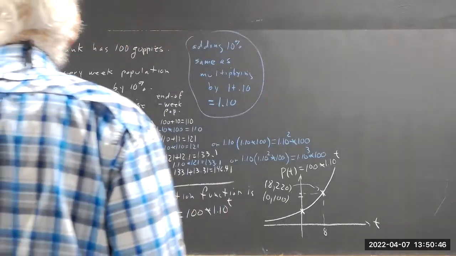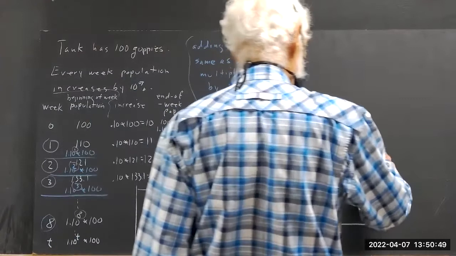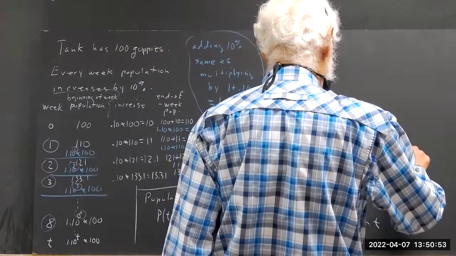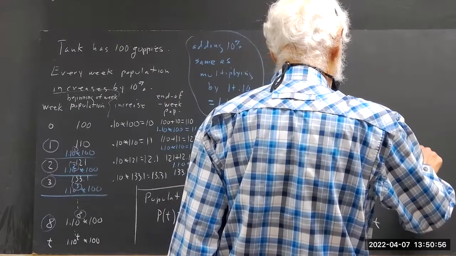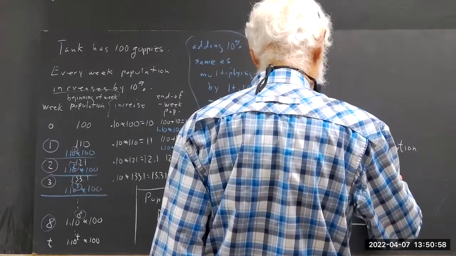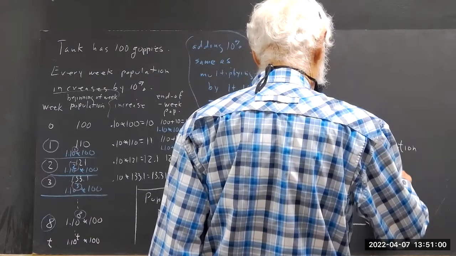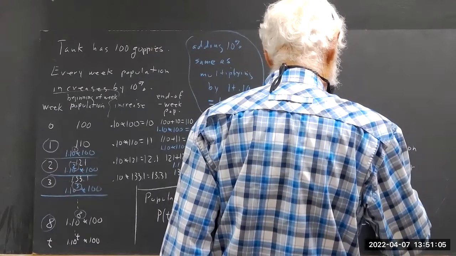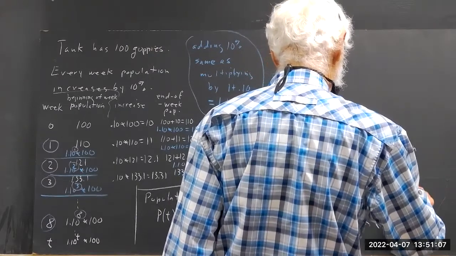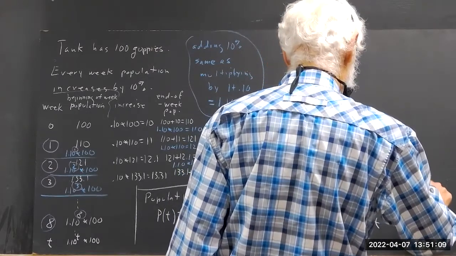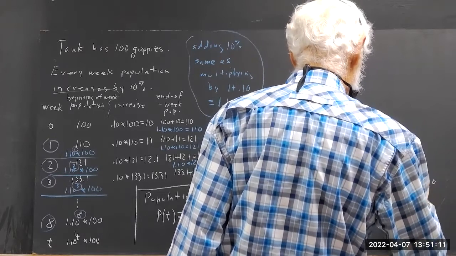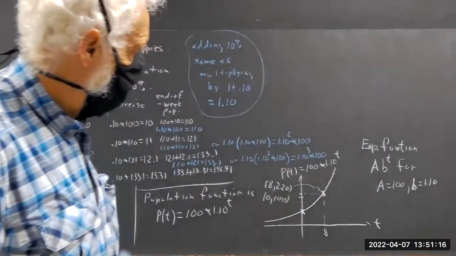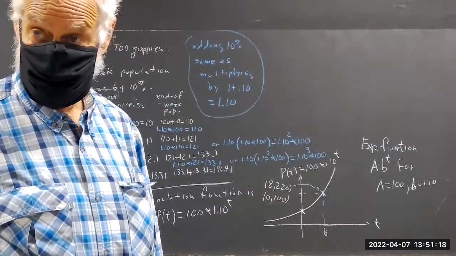This is an exponential function, for a equals 100, b equals 1.10.